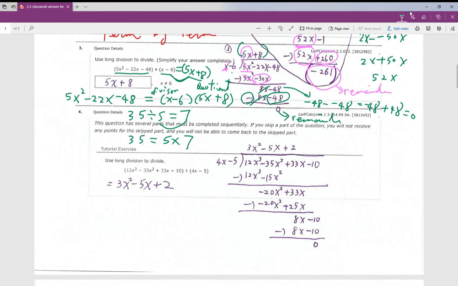Okay. Now, if you have a remainder, then you cannot factor. So that's a different story. But when the remainder is 0, it means you can factor the dividend into the divisor multiplied with the quotient. Okay.